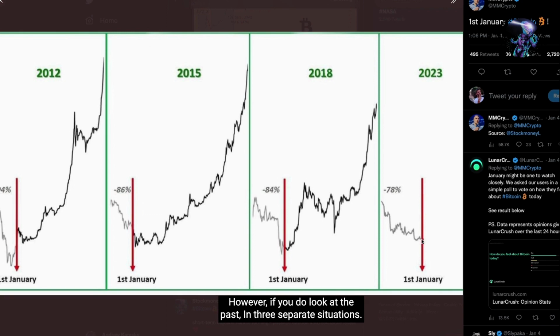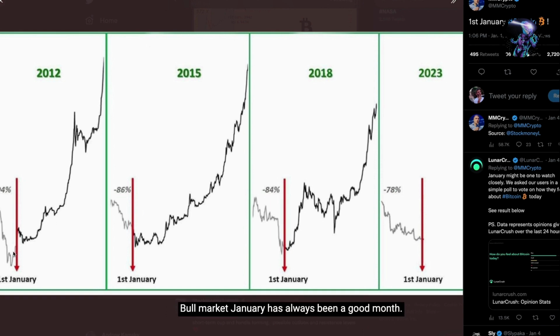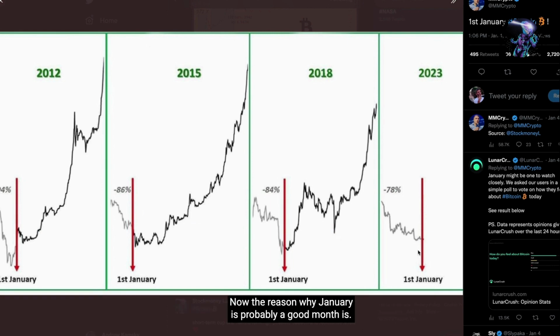However, if you do look at the past, in 3 separate situations preceding a bull market, January has always been a good month. Now, the reason why January is probably a good month is tax loss selling. Tax loss selling is essentially when an investor sells an asset to eliminate or lower capital gain realized for income tax purposes.